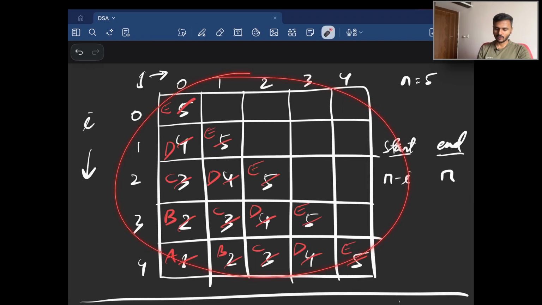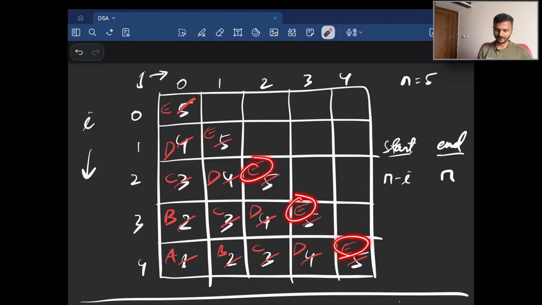So this is what we are supposed to print when n is equal to 5. The reason I did not remove 5 and write E over here was because I wanted to relate what we had earlier with what we want to do now. If you see, wherever we had 5, we are replacing it with E, the 5th letter of the English alphabet.